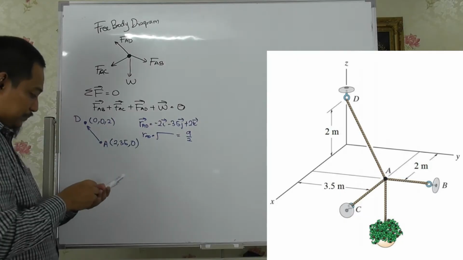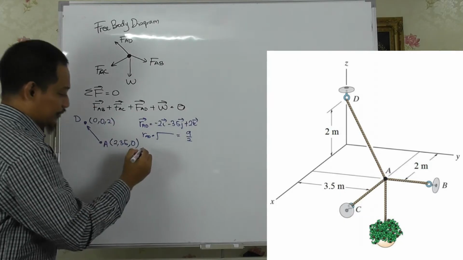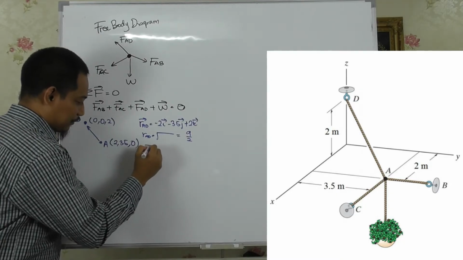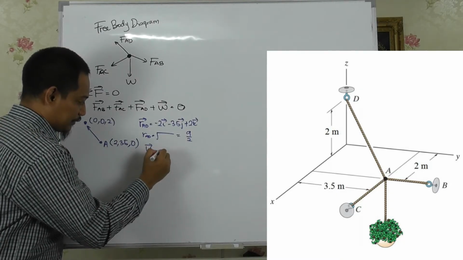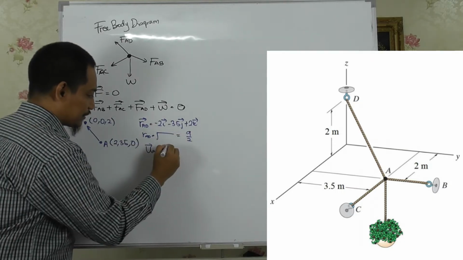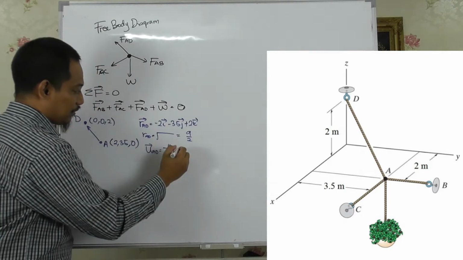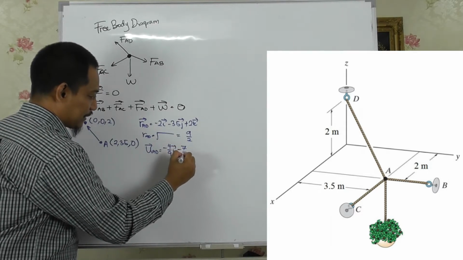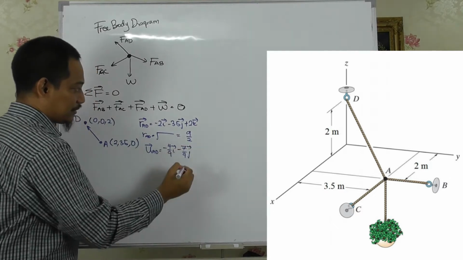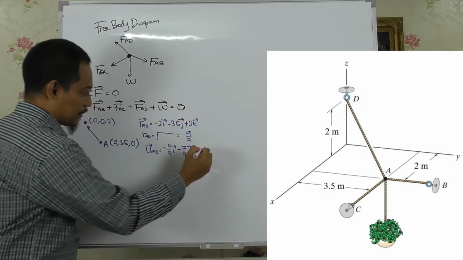Okay, so we calculate the unit vector of A to D, so this vector divided by this magnitude, and we'll get minus 4 over 9i minus 7 over 9j plus 4 over 9k.